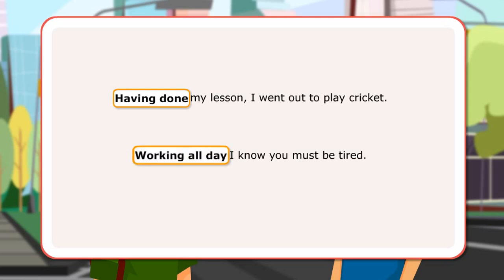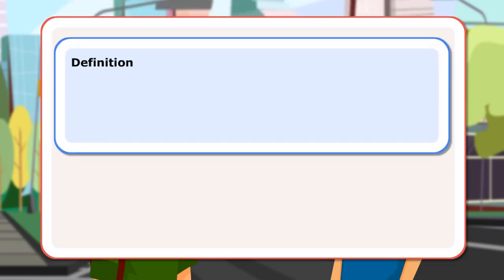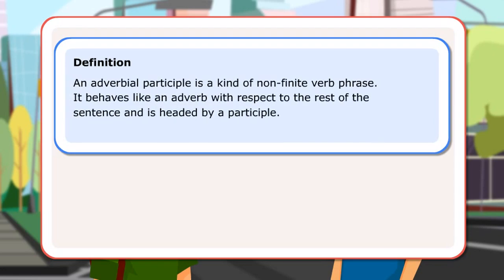In the second sentence, the participle clause is giving information about the reason. Definition. An adverbial participle is a kind of non-finite verb phrase. It behaves like an adverb with respect to the rest of the sentence and is headed by a participle.